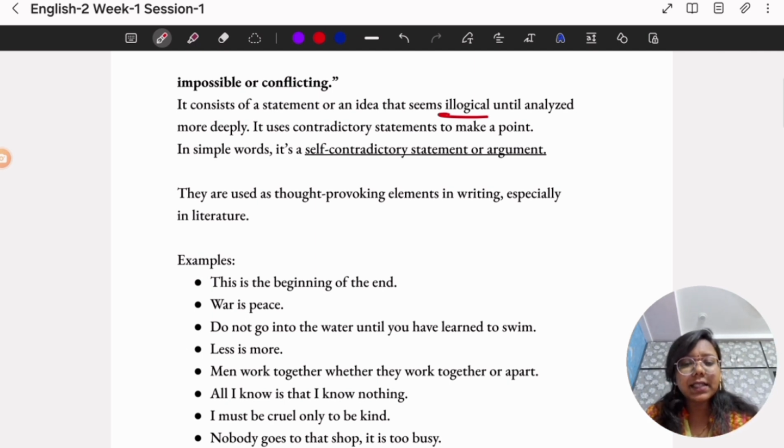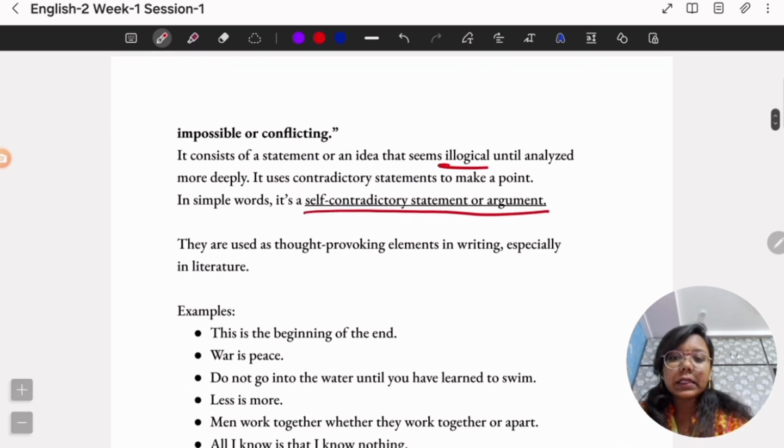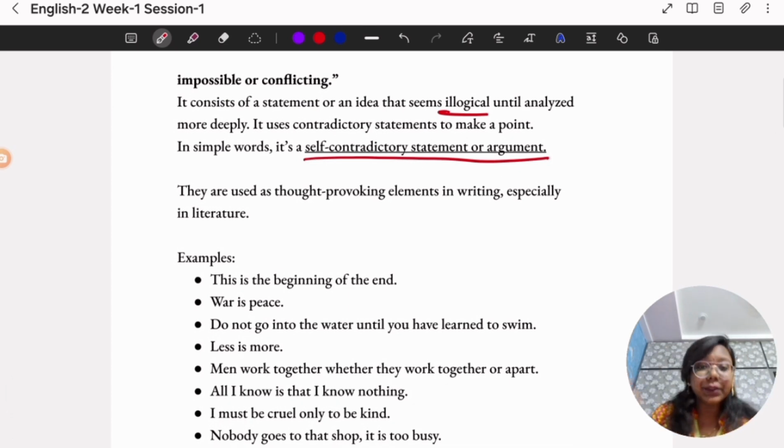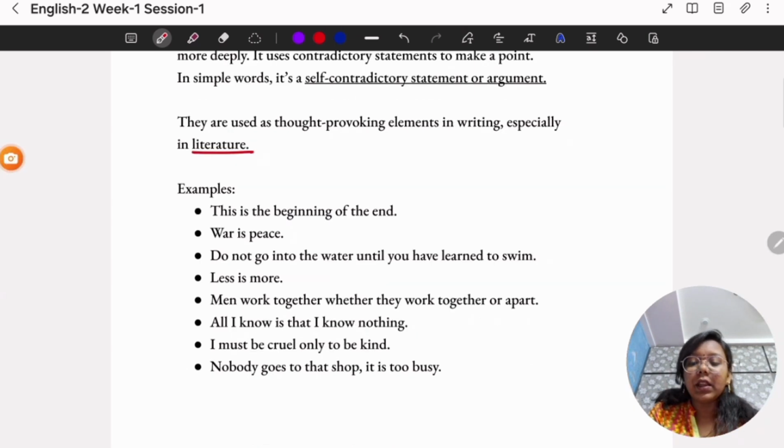In simple words, it's a self-contradictory statement or argument. So they seem illogical when you hear them, but they do make a point. They are used as thought-provoking elements in writing, especially in literature. So they are used to make you think of something specific.